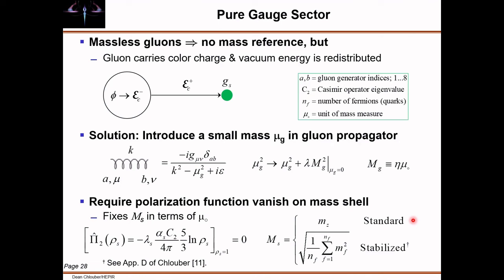Now m_Z is approximately 91 GeV over c squared. And m sub s, computed in this way, is about 71 GeV over c squared. So we're in the ballpark of acceptable masses.